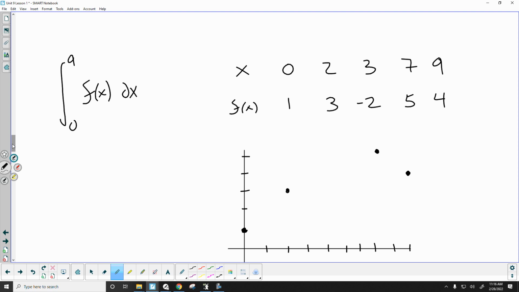Yeah, good. Zero to 2 with 2 is the height of 3. Height times width, 6.